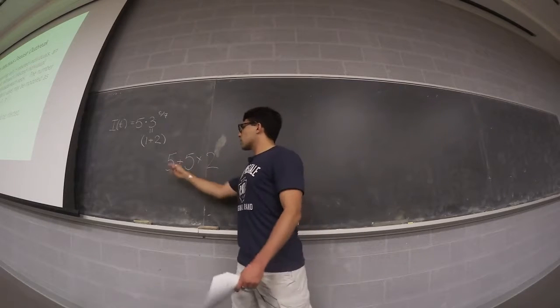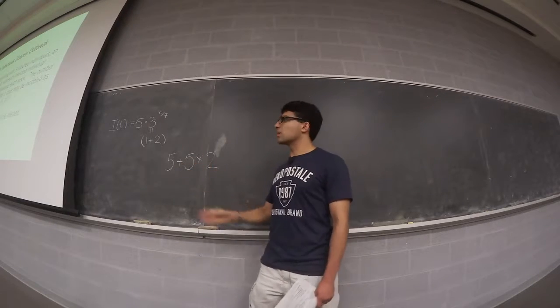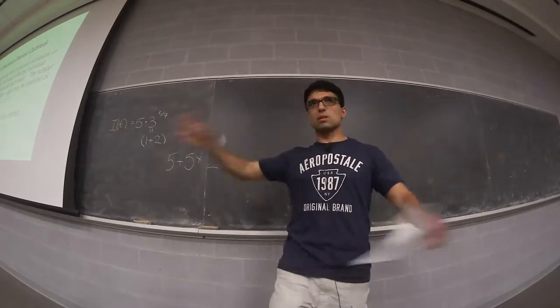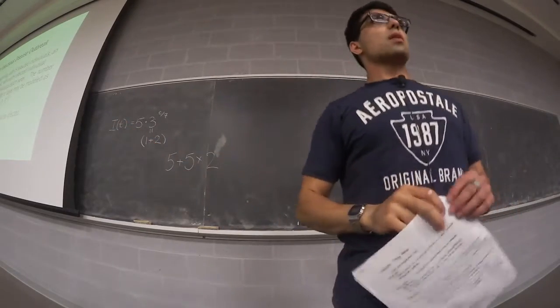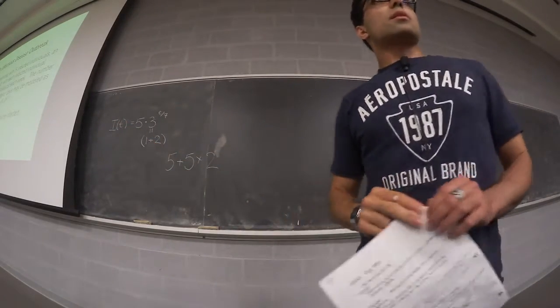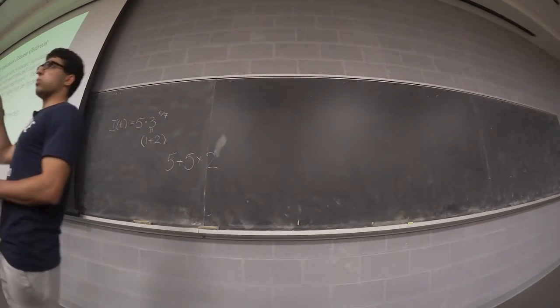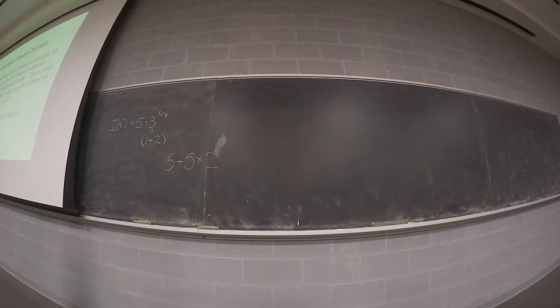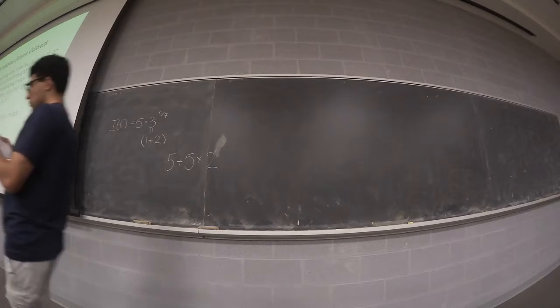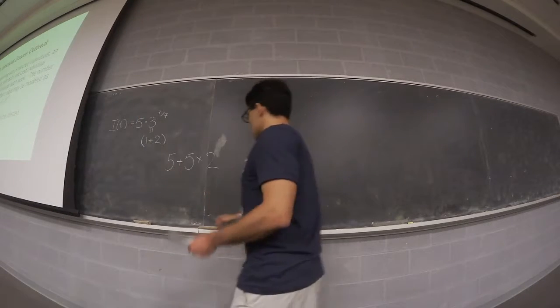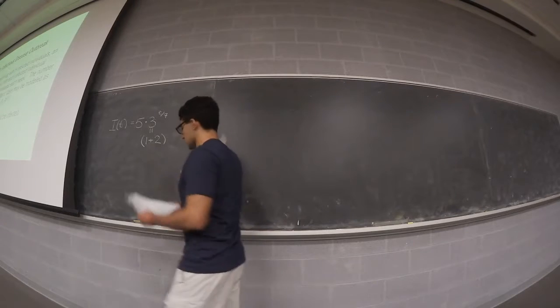You can factor out and you get 1 plus 2, so it's 5 times 3. If you just repeat that a few times, you'll see that it works for any number of weeks. Fair enough? And again, if you've seen interest calculations, that's what they look like: 1 plus i. All right, that's that. 1 plus 2 is 3.